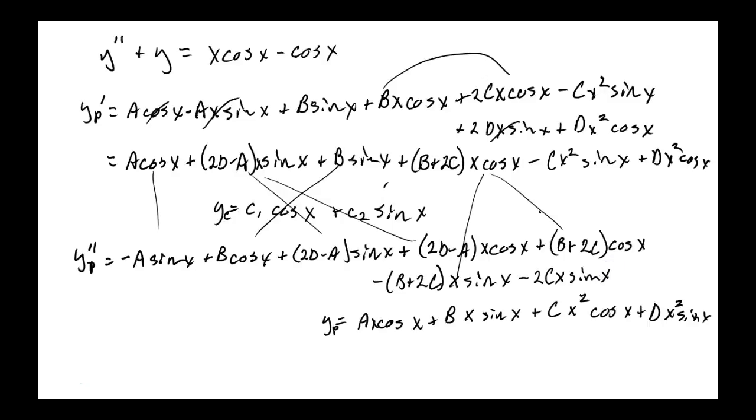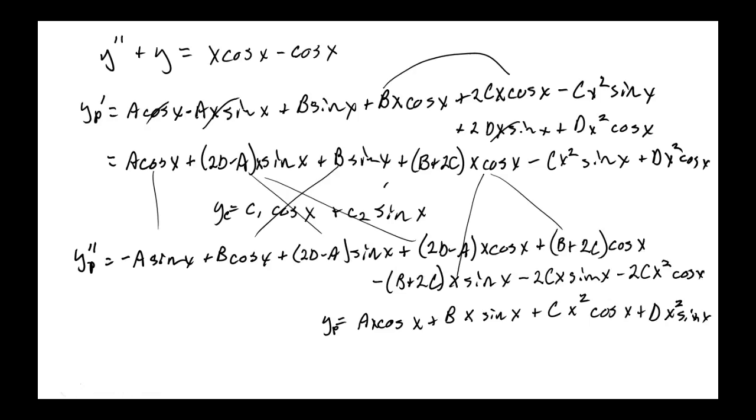Okay. Minus 2cx squared cosine x. Okay, that's the two terms from that one. That one and that one.